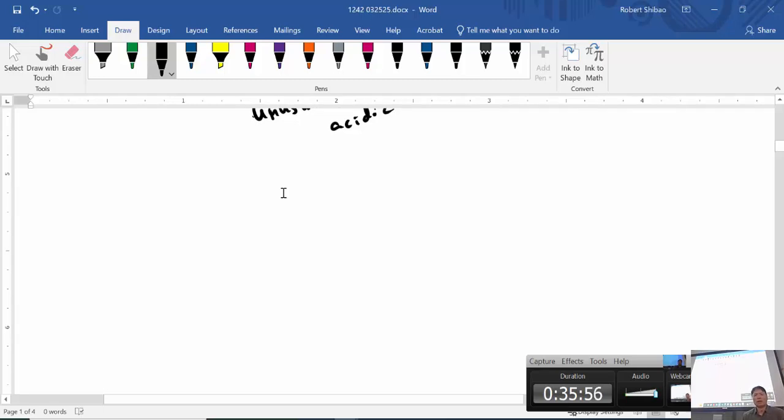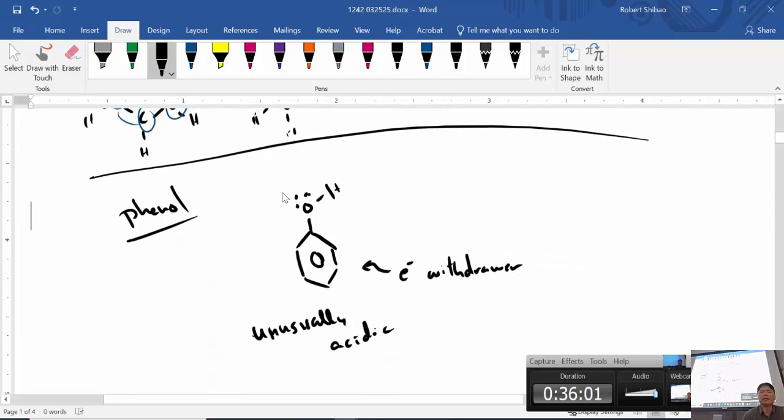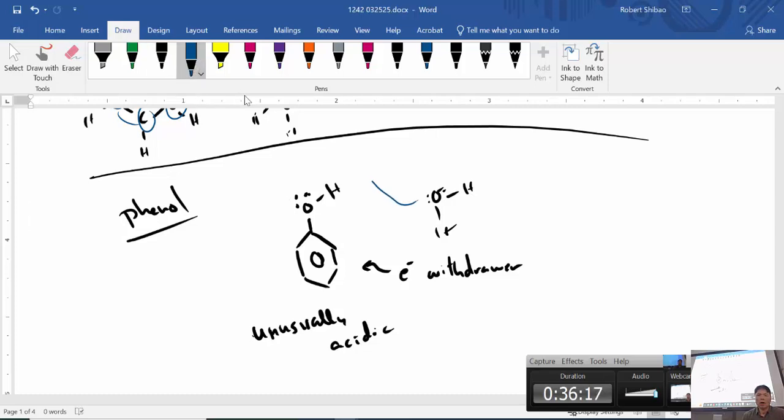And so let's do this. Let's take the phenol and we'll have a base come along and pluck the proton off, like water. And then leave these electrons behind here. And then we form hydronium and the conjugate base of phenol.